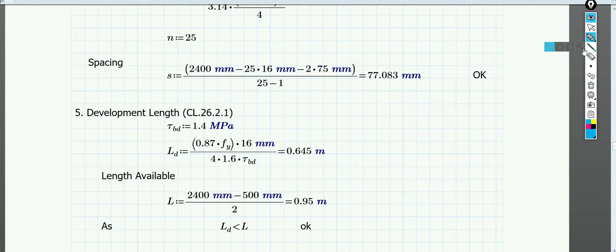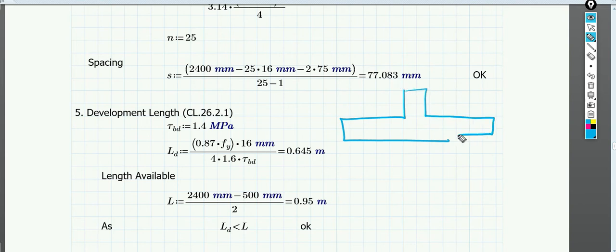Now apart from that, we also have to check for the development length, because you know that, suppose this is the cross section of a footing or any pile cap, because of the reaction force over here, it will bend something like this, and these bars will be in tension.